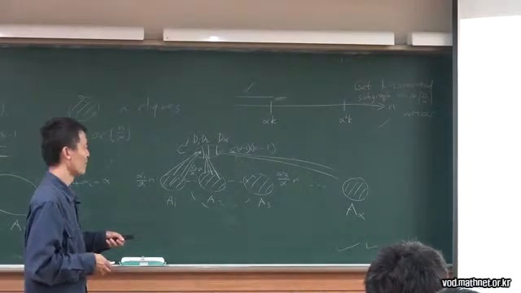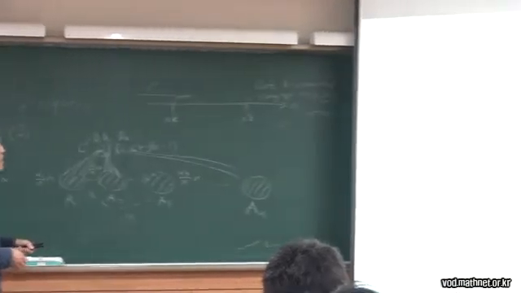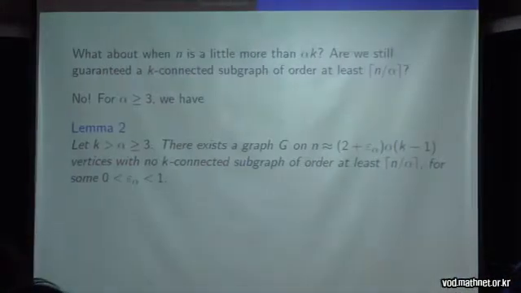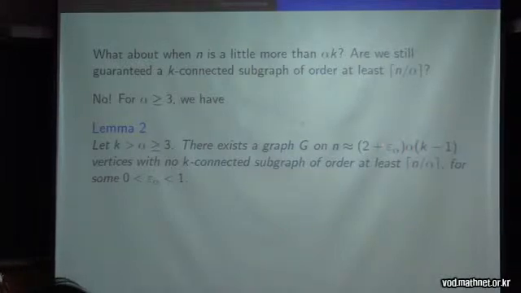If alpha is 3, I need k more than alpha, then we can have a graph G on about a little bit more than 2 times alpha k, with no k-connected subgraph on n over alpha vertices. So in fact, let me just divert here and mention that I've been actually visiting Professor Borenpark the last 2 weeks, and we've been discussing this problem.